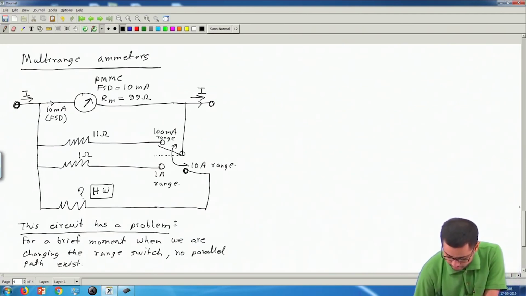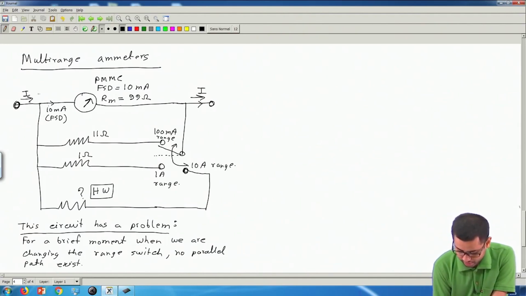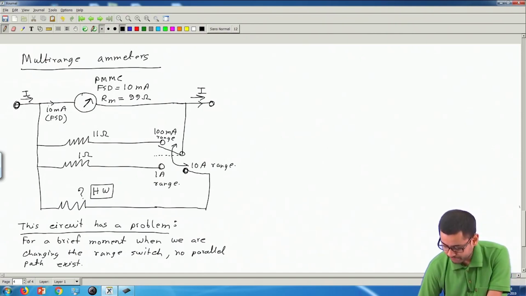So therefore this path gets disconnected for a brief moment, and then the entire current should or must flow through the meter only, and this current maybe is of a higher value than the FSD current or the allowable current through the meter, and then the meter may get damaged because for a brief moment there is no parallel path.